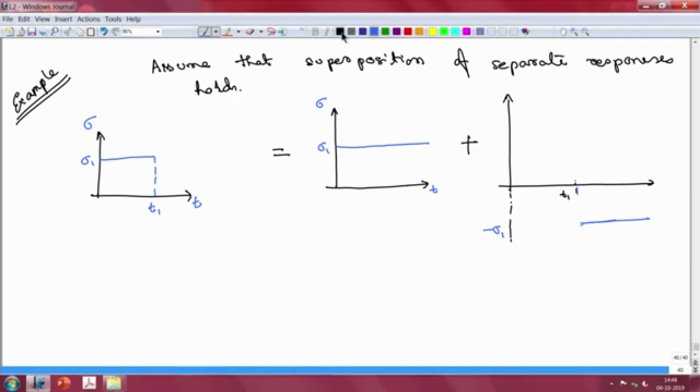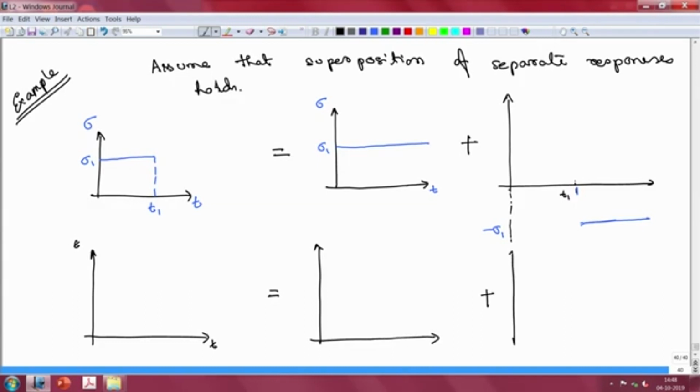So, now what happens? The question is, what is going to happen here? I just put the origin here.